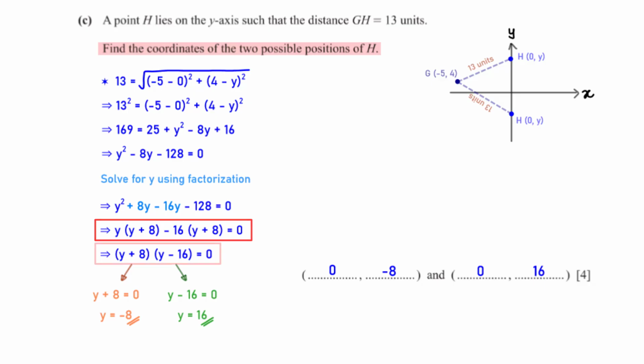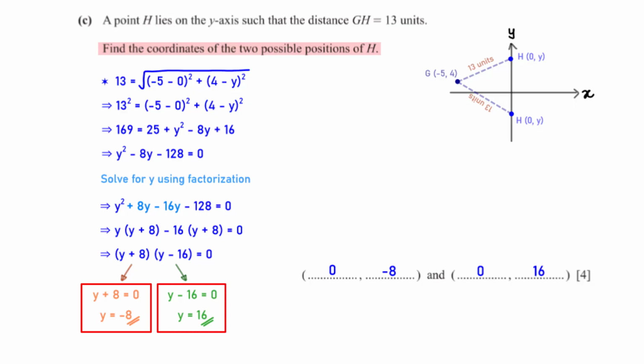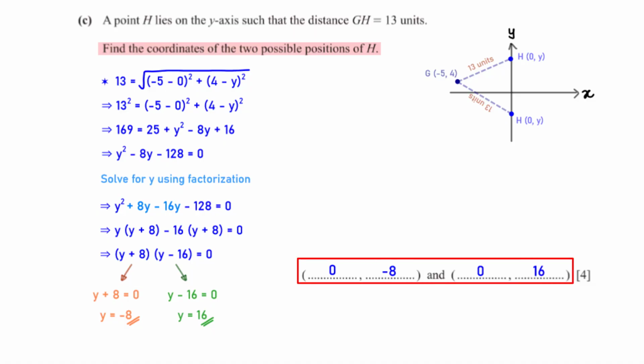This can be rewritten as (y plus 8)(y minus 16). When we equate y plus 8 to 0, we get y equals -8. And when we equate y minus 16 to 0, we get y equals 16. So the two possible coordinates of H are (0, -8) and (0, 16).